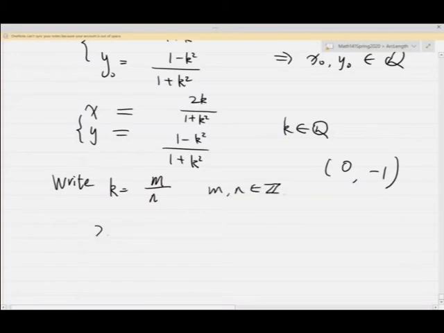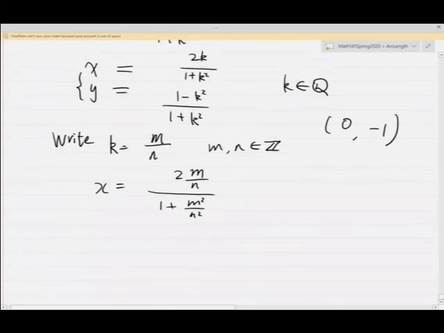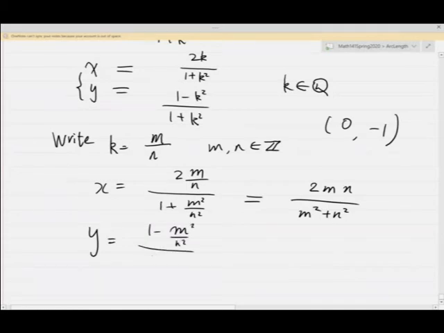Then x is twice m over n over 1 plus m squared over n squared, which, if you multiply by n squared, becomes 2mn over n squared plus m squared. And y is 1 minus k squared over 1 plus k squared, so this will be n squared minus m squared over n squared plus m squared.